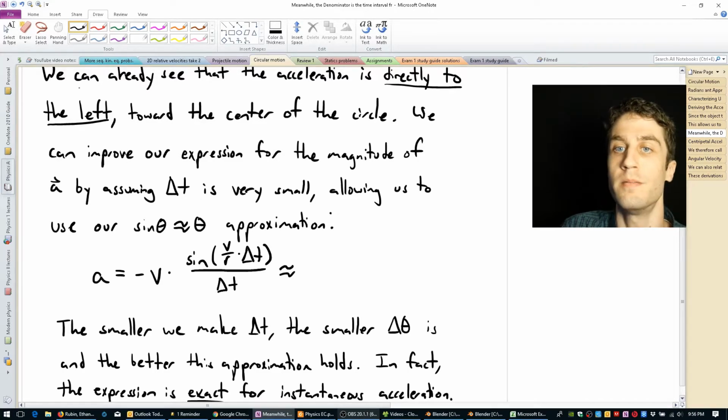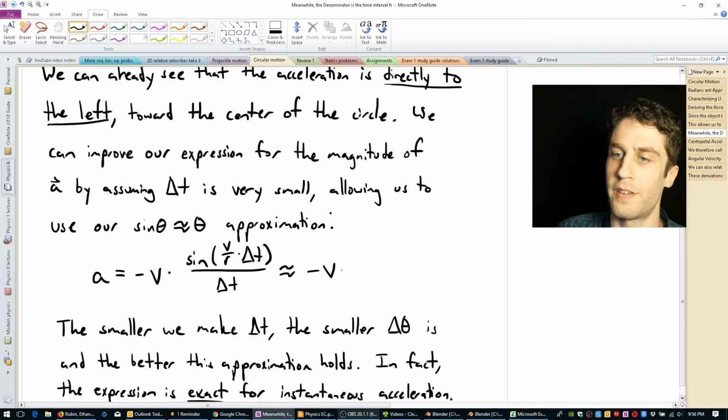And now we can use our sine of theta is approximately equal to theta approximation. As long as delta t is very small, v is finite, r is finite, so we'll just consider a very short time. We'll consider the acceleration from 0.001 seconds before to 0.001 seconds after the object is displaced to the right.